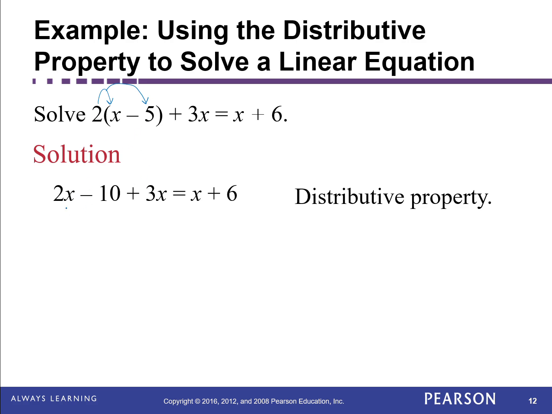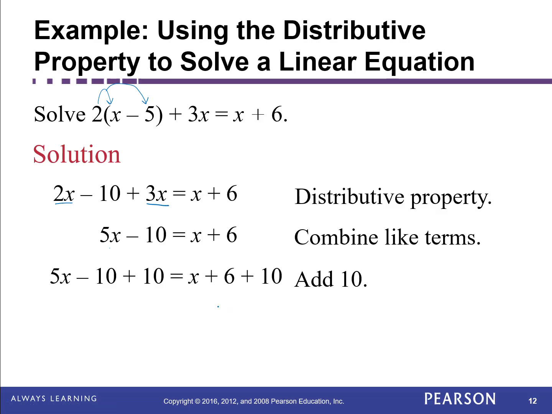That's why I get 2x minus 10, because 2 times negative 5 is negative 10, plus 3x equals x plus 6. Now, I need to combine any like terms on both sides. The right-hand side doesn't have any like terms. All I have is an x and a 6. But on the left-hand side, I can combine the 2x and the 3x to give me 5x. So I've simplified it down now to 5x minus 10 equals x plus 6.